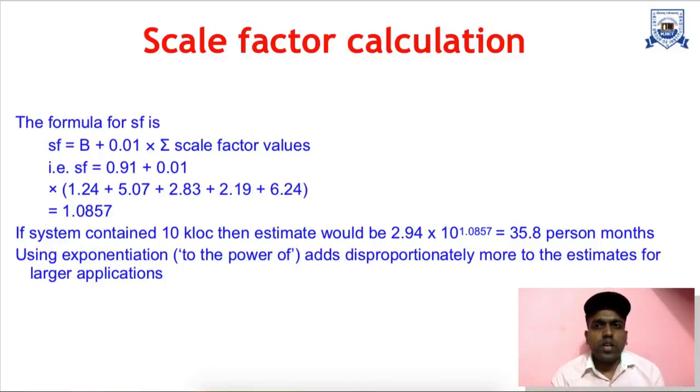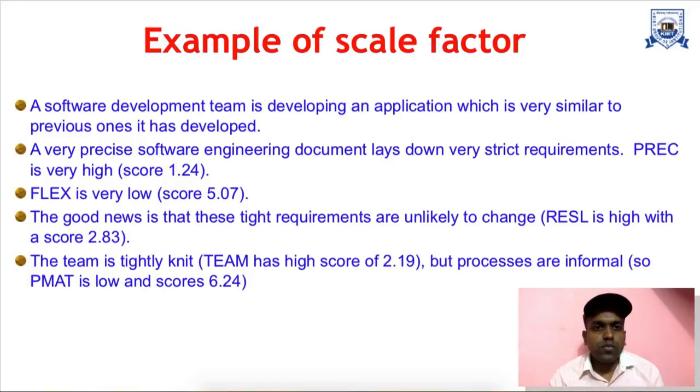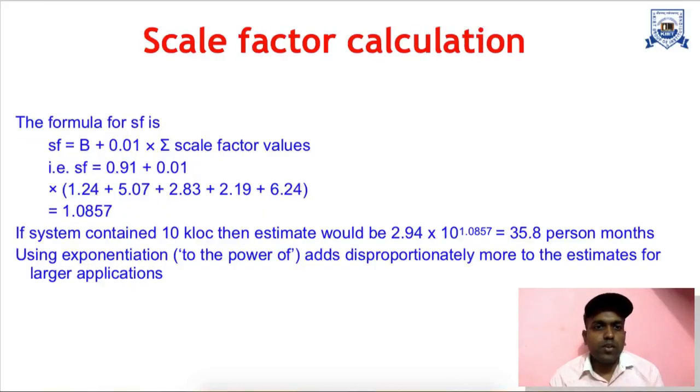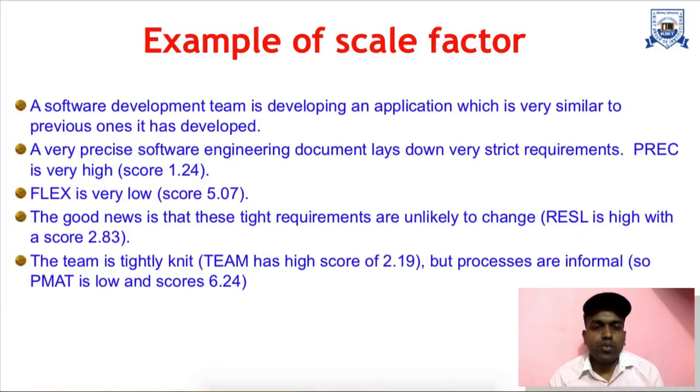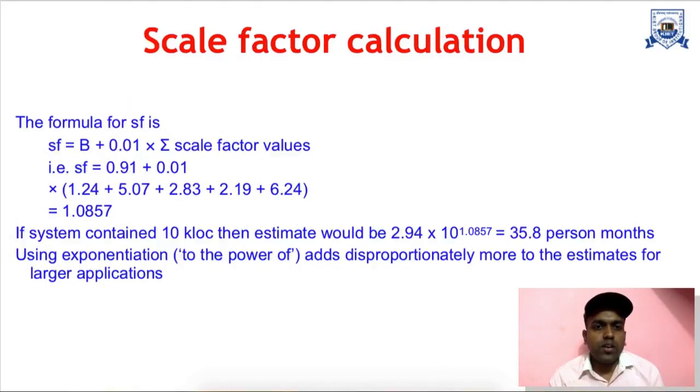The scale factor values that we have calculated, we will just take the summation of these. So the value of B is 0.91, then plus 0.01 into this value, that is 1.24 plus 5.07, then 2.83, 2.19 and 6.24. When we calculate it, we will find this one, 1.08.